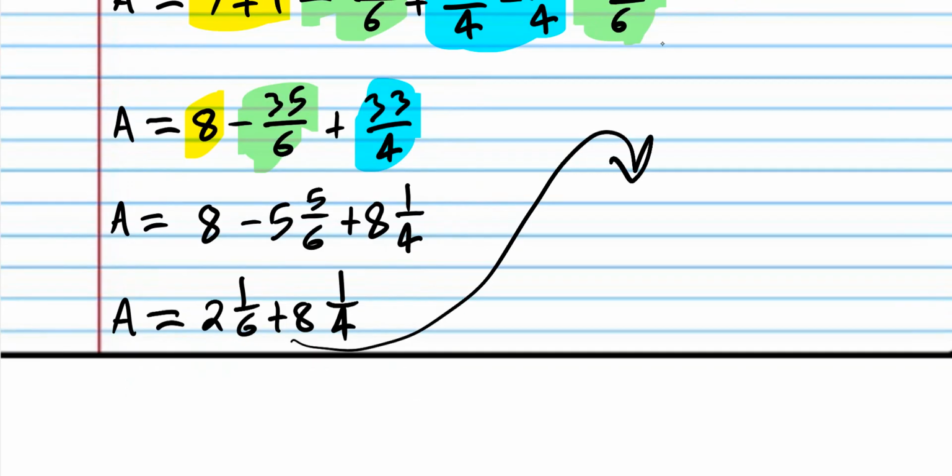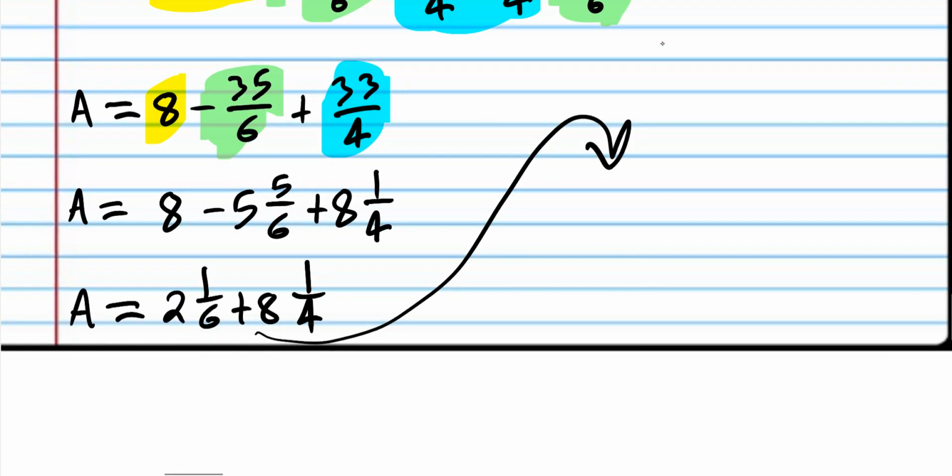And continuing on here, looks like we're going to have 10. And if we add those two fractions together, we get 10 and 10/24. Actually, if we want to get a common denominator, it would be 12.